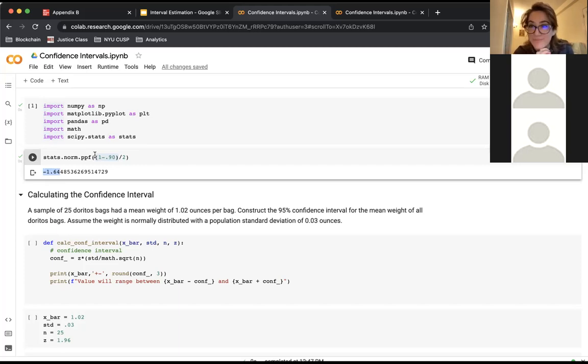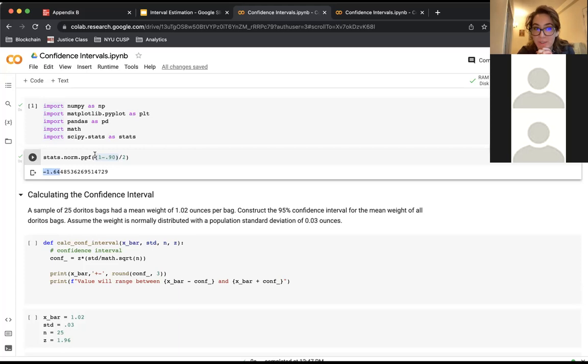Does that make sense? Above and below. Okay. Okay, yeah, I think that makes sense. I think I could create almost like a rule for when to use what. Yeah, that'd be good. So if we're trying to calculate probability of a value, we would use the cumulative density function.